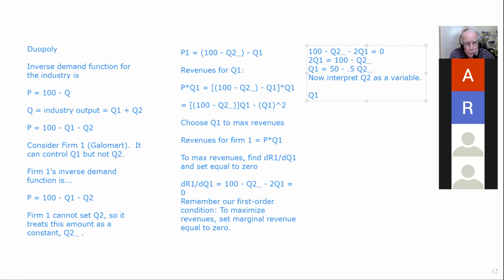Then to maximize revenue and therefore profits, firm 1 will cut back by 1/2 of a unit for every increase in production by its rival of 1 unit.